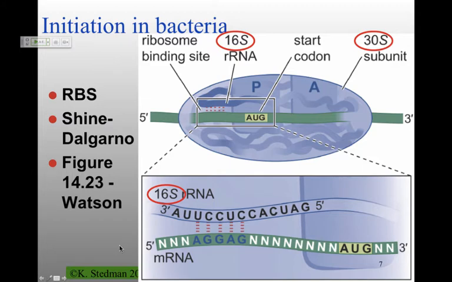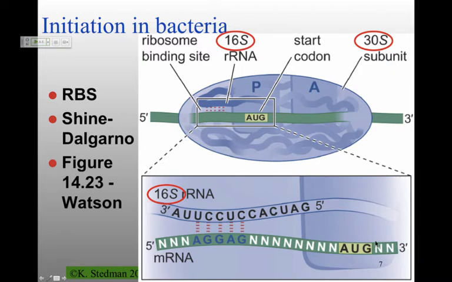Now, what's that ribosomal RNA? The ribosomal RNA is part of the small subunit of the ribosome. So the small subunit has a specific RNA sequence which is going to base pair with the messenger RNA at the appropriate place, usually about 10 nucleotides upstream, or to the 5' end, of your AUG.